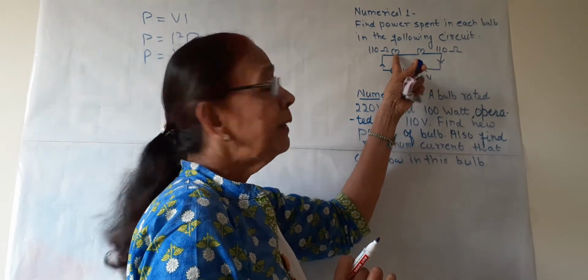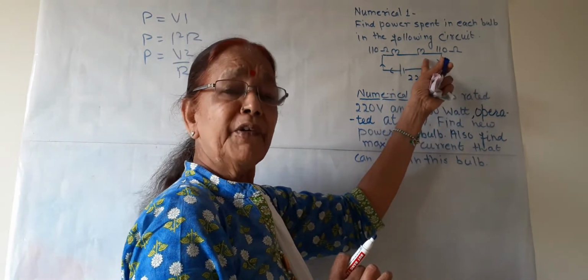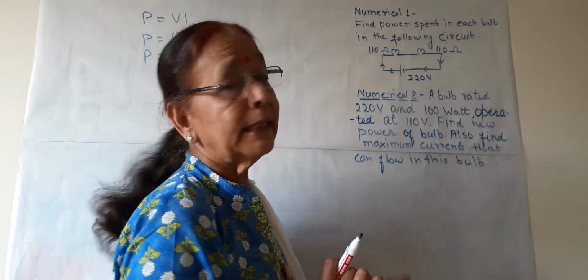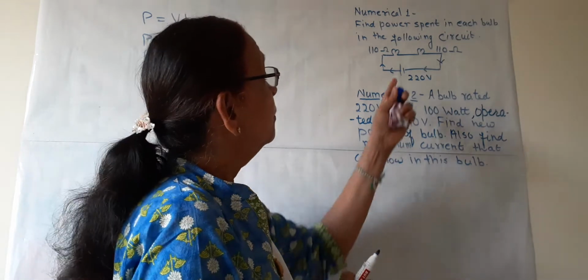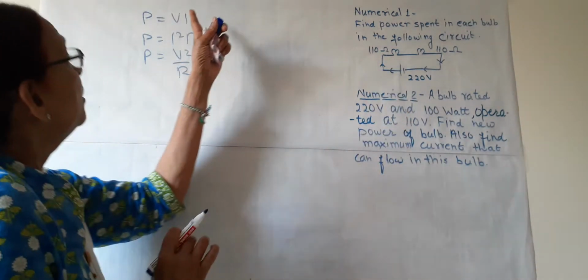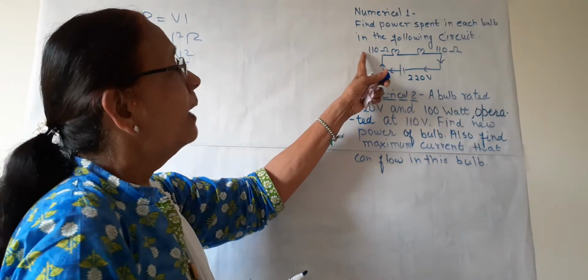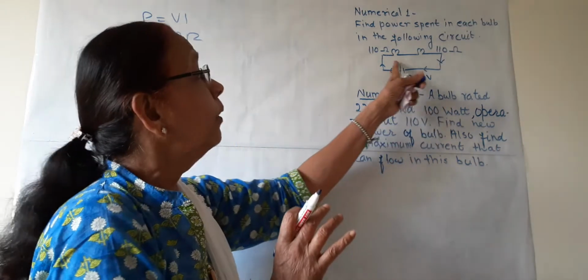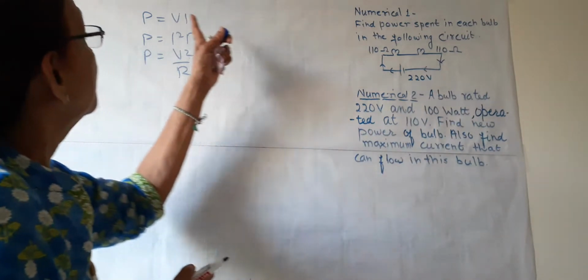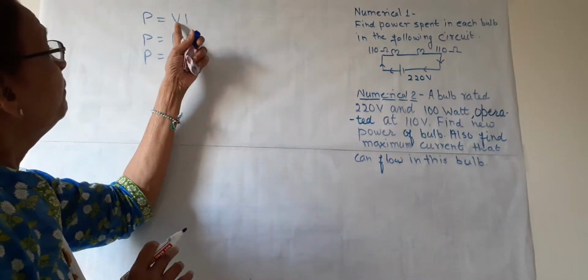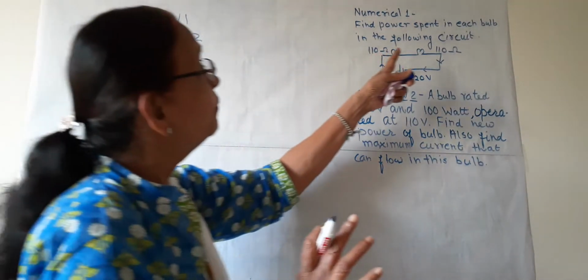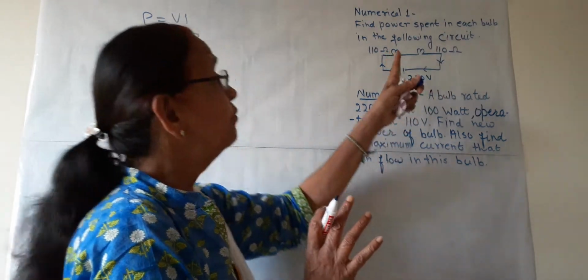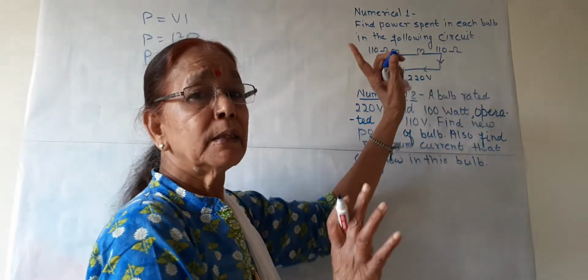In series connection, the PDs are different and current is the same. So by these formulas, what is given? Only R is given, and PD of the whole circuit is given, not of the individual bulbs. Here the PD of the individual bulb is not given, as we have to find power of each individual bulb.